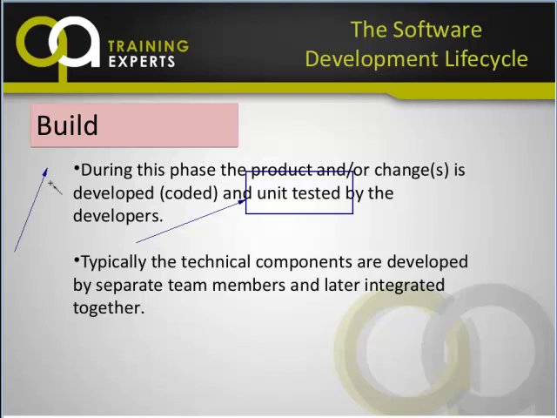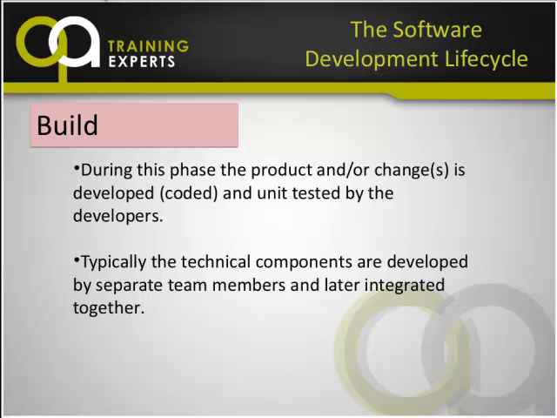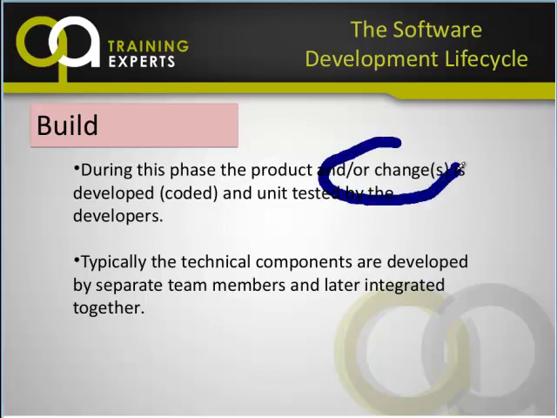So, during the build stage, this is when the functional design doc is taken. The developers develop the system. Maybe they just change it, or they develop it brand new. Maybe they're changing some stuff. Once each developer finishes their piece, they're going to test it.